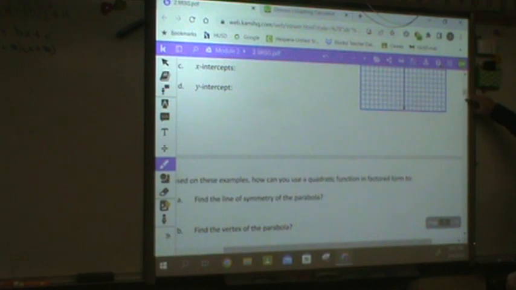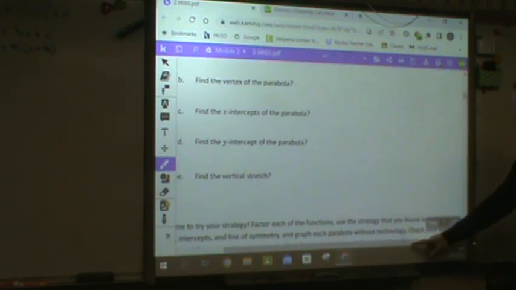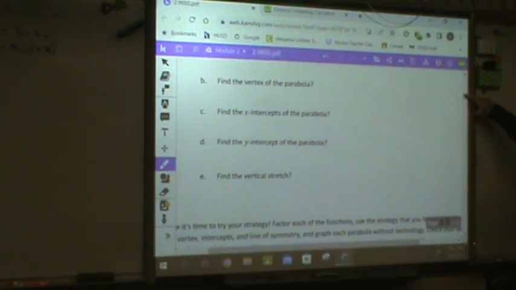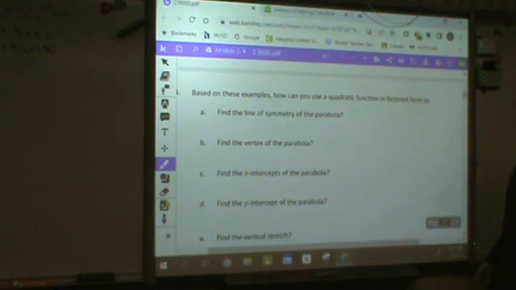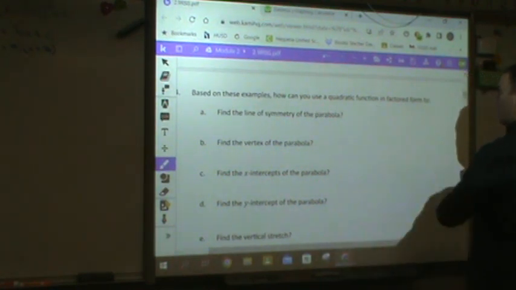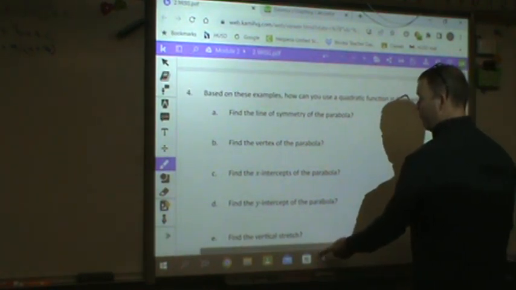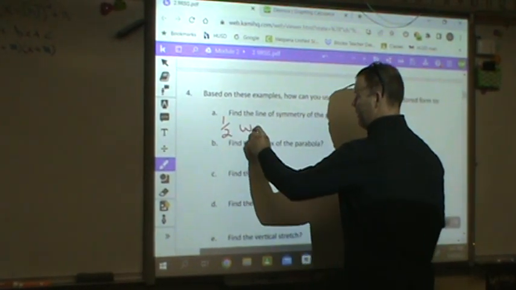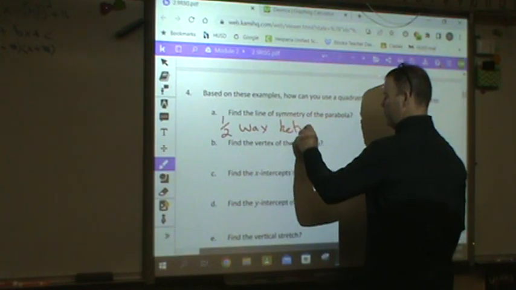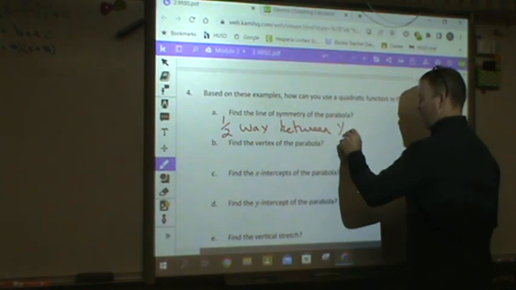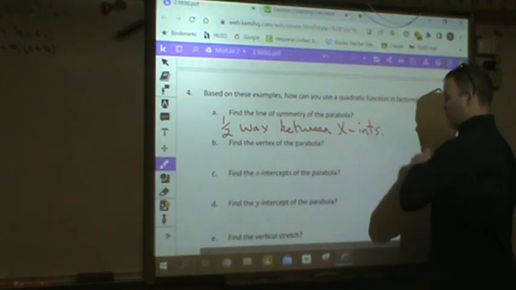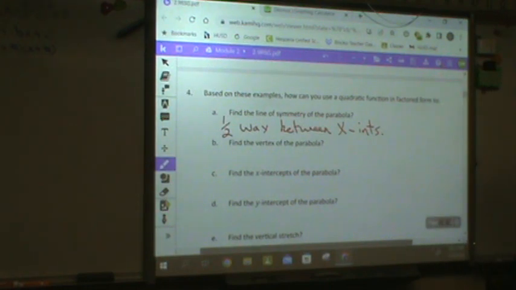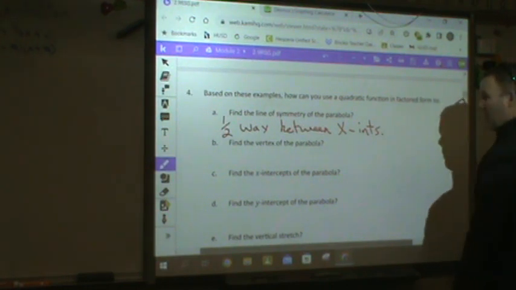And this is where we get to question number 4, and we're almost done here. Based on these examples, how can you use a quadratic function in factored form to find the line of symmetry? That's easy. It's halfway between the x-intercepts. How do you find the vertex of the parabola?